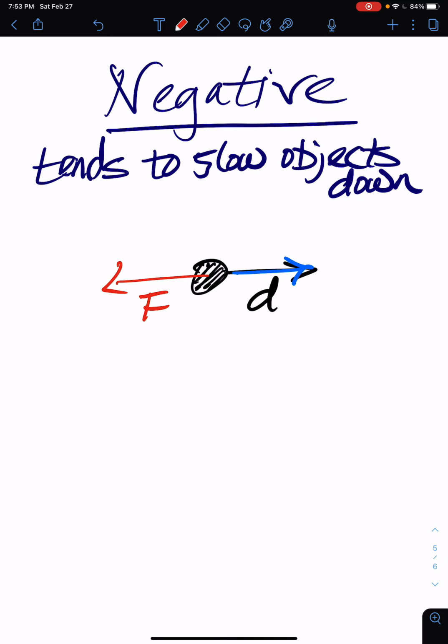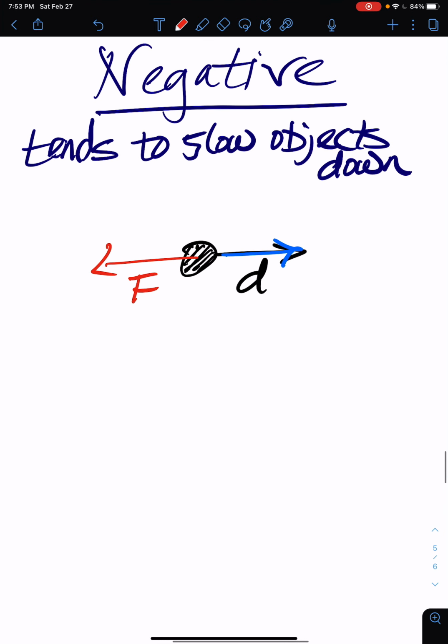You don't just drop the bar on yourself. That'd be dumb, and you could hurt yourself. But no, you're pushing up. When you lower that bar, you're slowing the bar down so you don't get crushed by the bar. All right, so that would be an example of negative work, and it's tending to slow the object down.